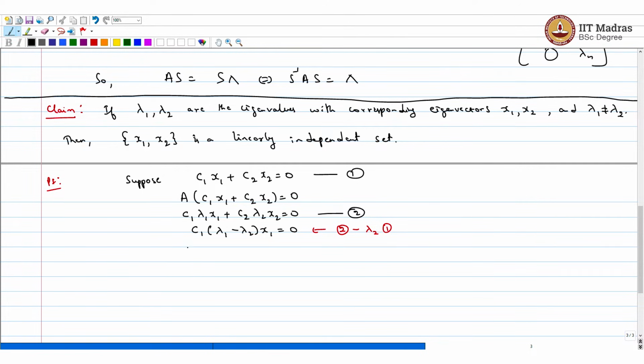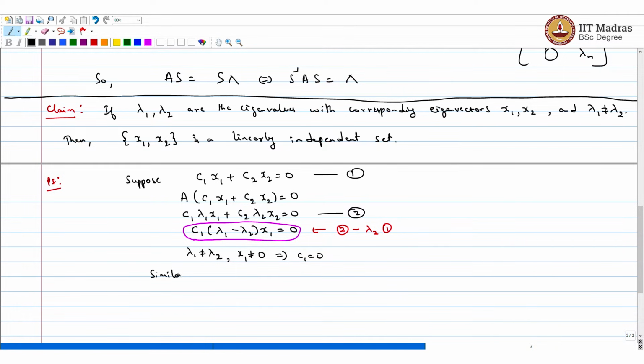Now, lambda 1 is not equal to lambda 2 and x1 is not equal to 0. So, what does that imply? In this equation, lambda 1 minus lambda 2 is not 0, x1 is not 0. So, the only way that equation can be 0 is when C1 is 0.